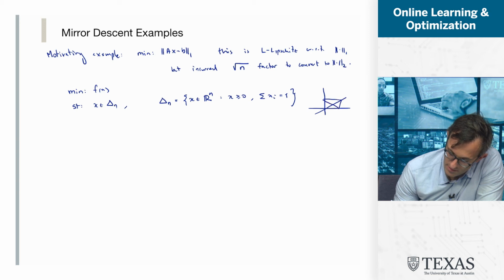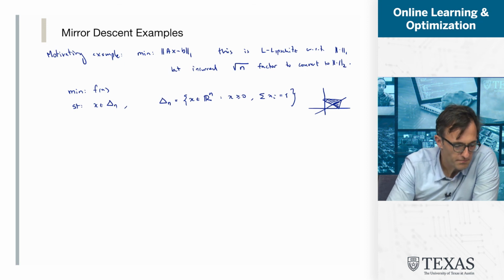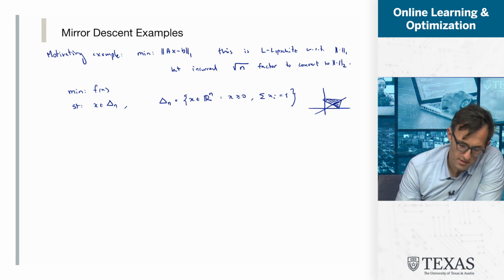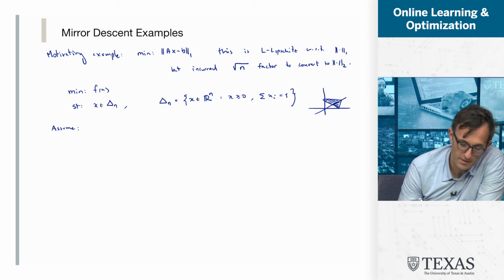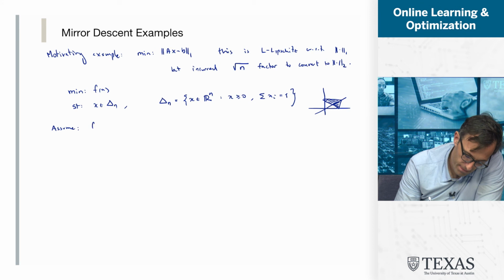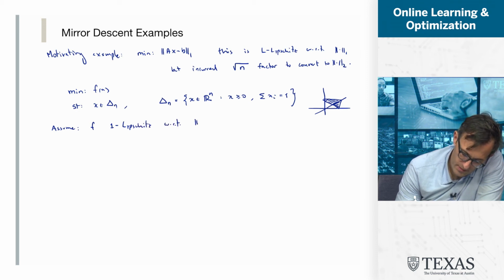So it's just this triangle set. And let's also assume that f is Lipschitz with respect to the one norm. Let's even make it easy for ourselves: f is one-Lipschitz with respect to the one norm.